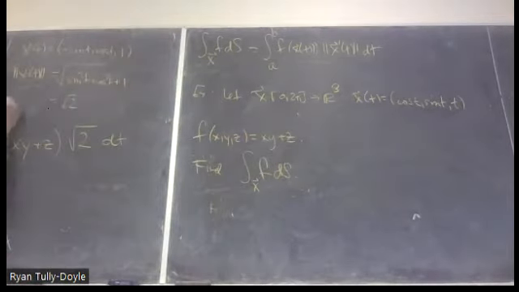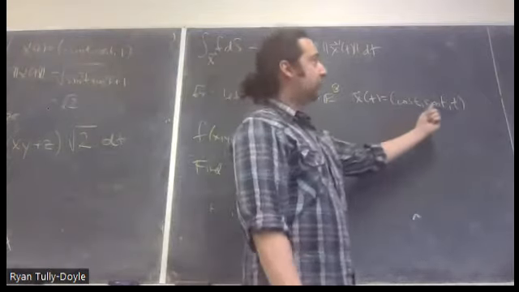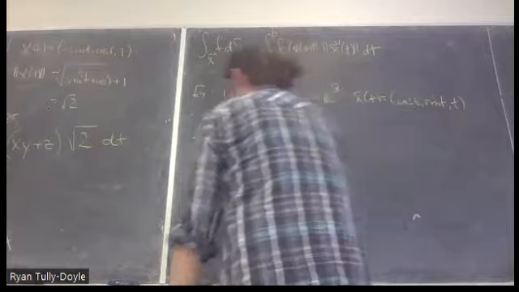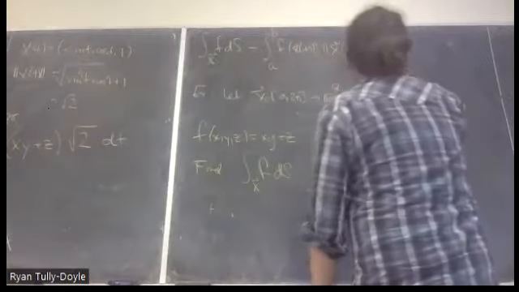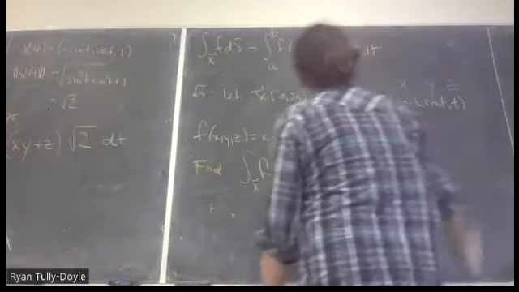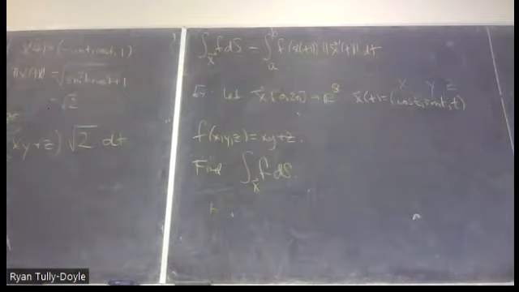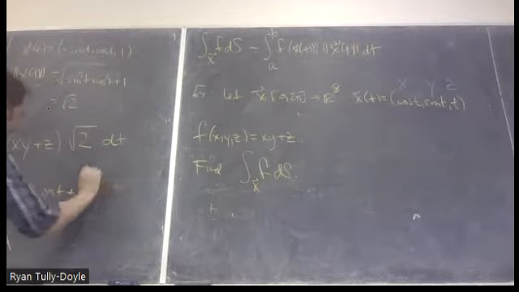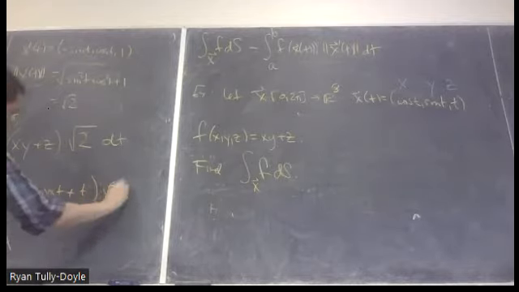So this is the integral from 0 to 2 pi of x, y, plus z dt. How am I going to integrate that? Oh, that's right, I just substitute in. I've got an expression for x, an expression for y, an expression for z. So these are like bookkeeping exercises. So this turns into the integral from 0 to 2 pi of cosine t, sine t, plus t, all times root 2 dt.